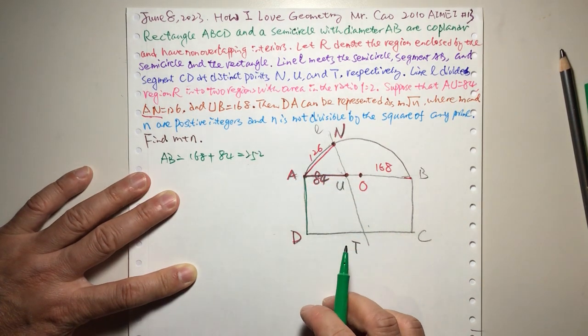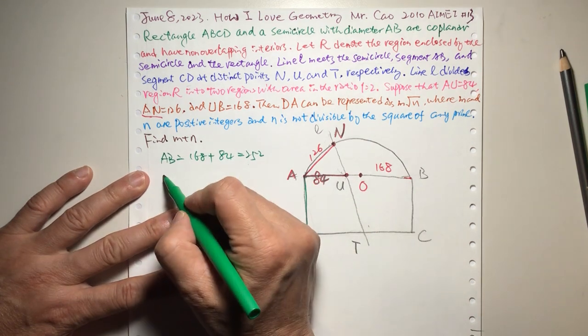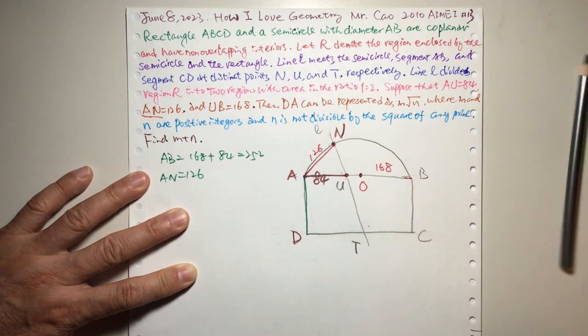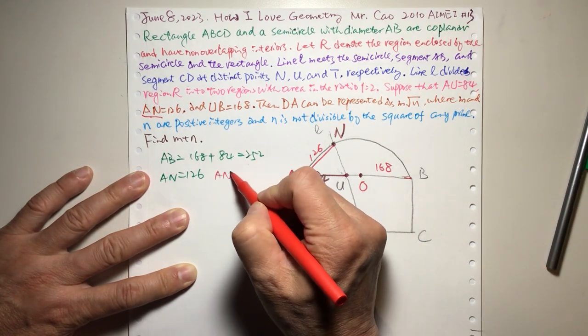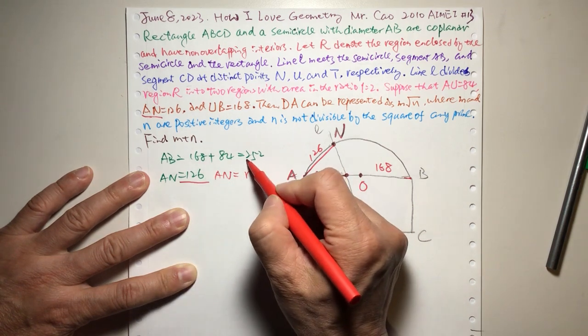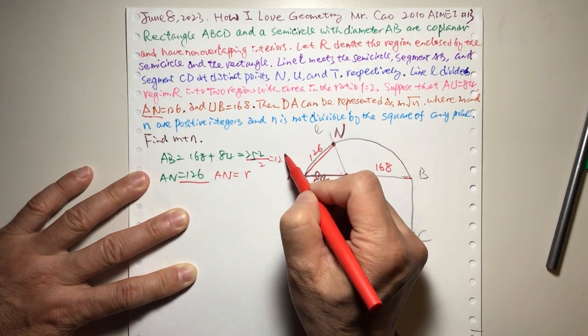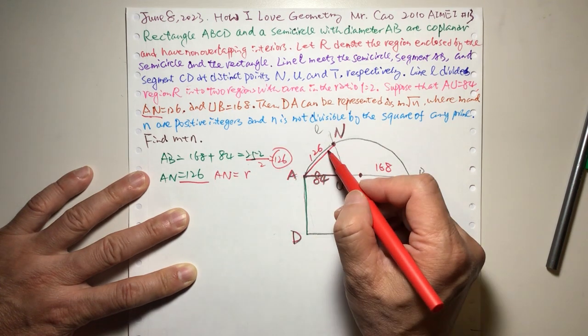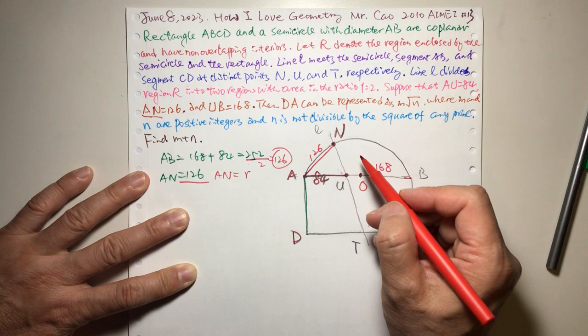Pay more attention. AN is 126. It means AN equals the radius, because 252 divided by 2 is 126. It means AN equals the radius.